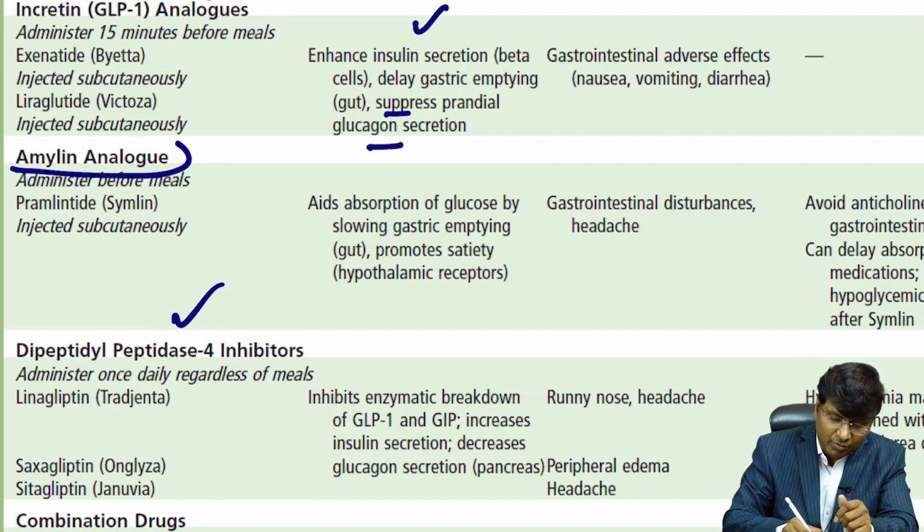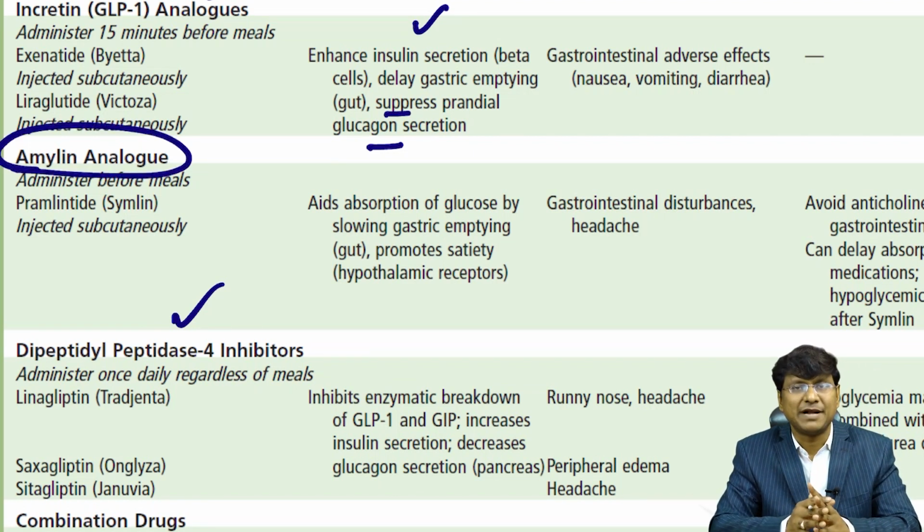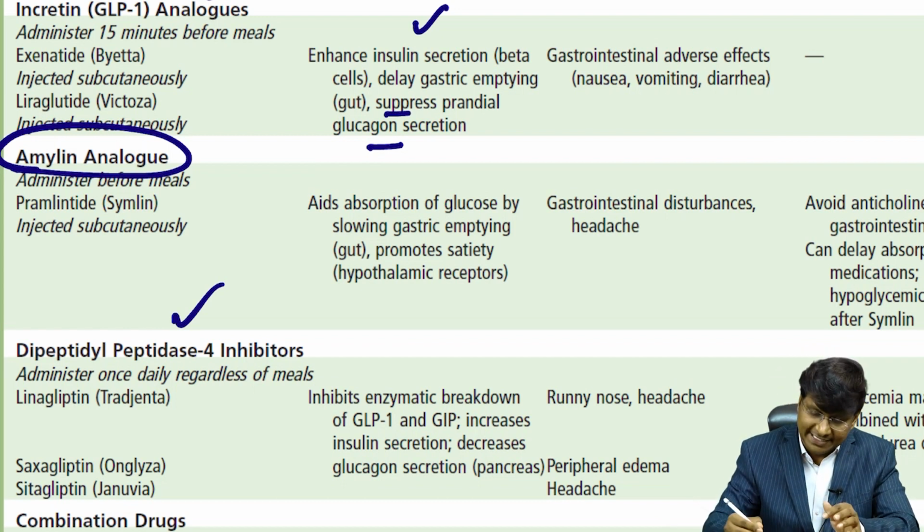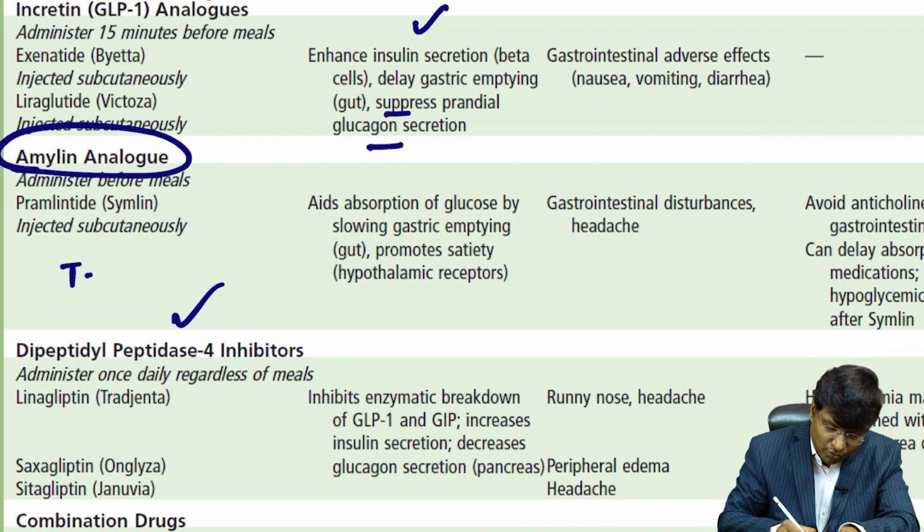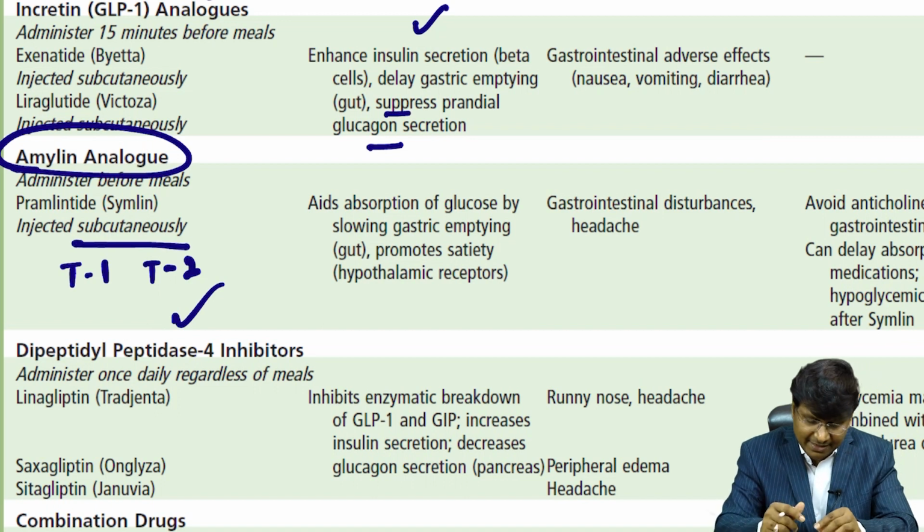Then we have another important molecule called an amylin analog, that is pramlintide. Amylin is a substance produced along with insulin from the beta cells. This amylin analog pramlintide is used in the treatment of both type 1 and type 2 diabetes mellitus, and the route of administration is subcutaneous.